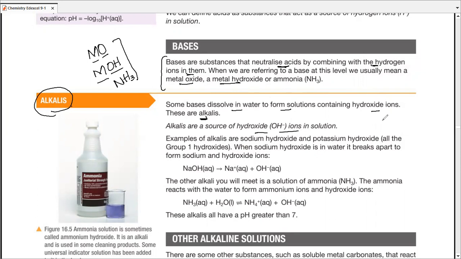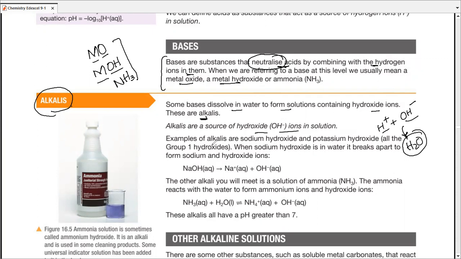Now it is going to make sense later on that this H positive from acid and OH negative from alkali is then going to combine to give us water. So water is the neutral product having the same amount of H positive ions from an acid or OH negative ions from an alkali. Hence, we call this reaction a neutralization reaction. Hence, we have been using the word neutralize for acids and alkalis for these reactions in specific.